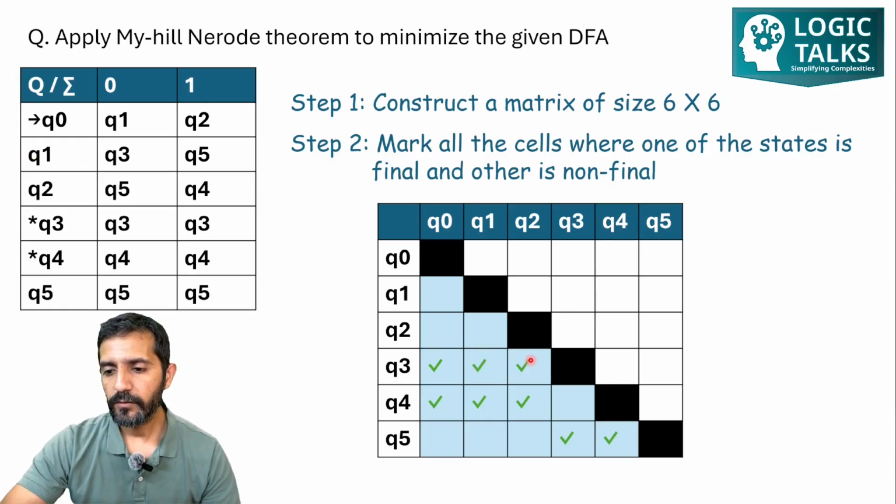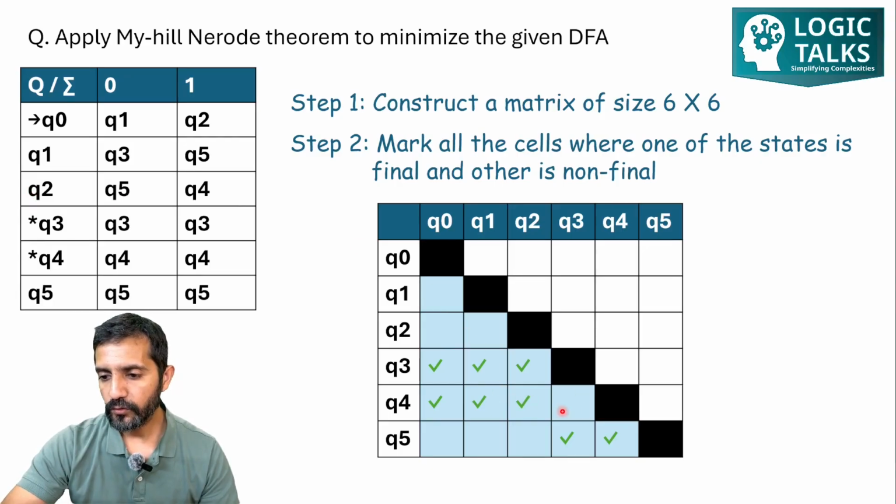For Q3, Q2, Q3 is final and Q2 is non-final, therefore this cell is also marked. Now Q4, Q0: Q4 is final, Q0 is non-final, therefore marked. For Q4, Q1, Q4 is final, Q1 is non-final, therefore marked. Then Q4, Q2: Q4 is final, Q2 is non-final, therefore also marked.